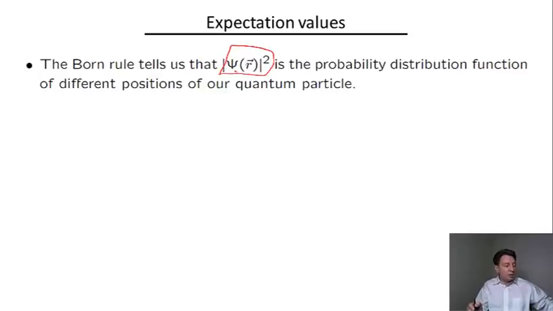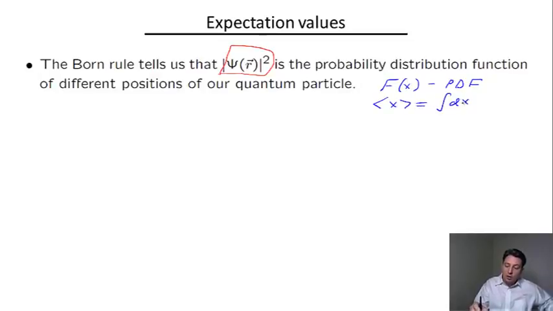Now, in general, if we have a probability distribution function, let's say capital F of x of some random variable x, and we want to find the mean value, the expectation value of this x, what we're going to do is average x, integrate x over all possible values weighted with this probability distribution.